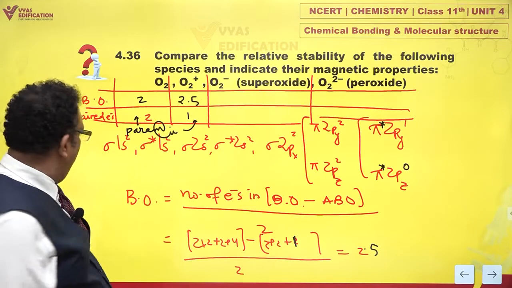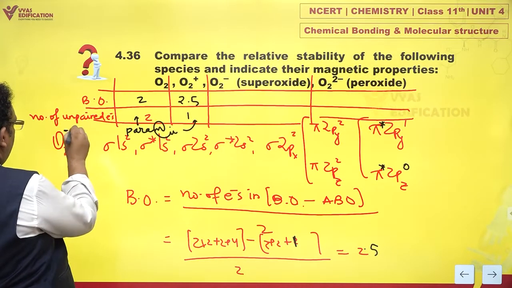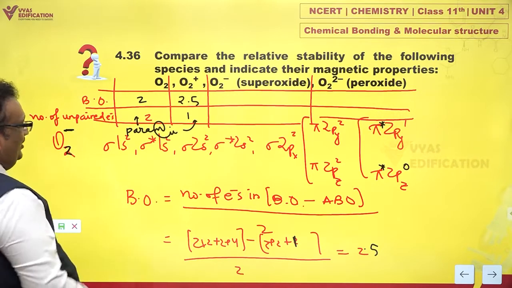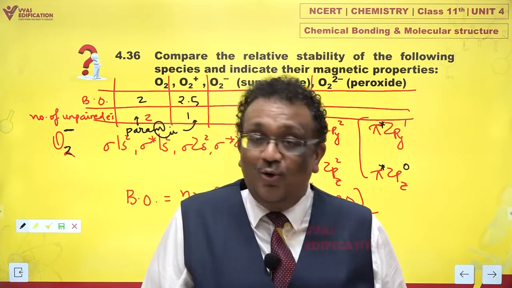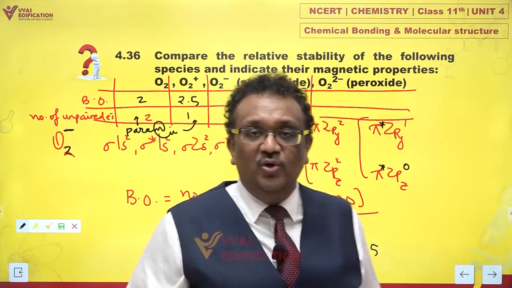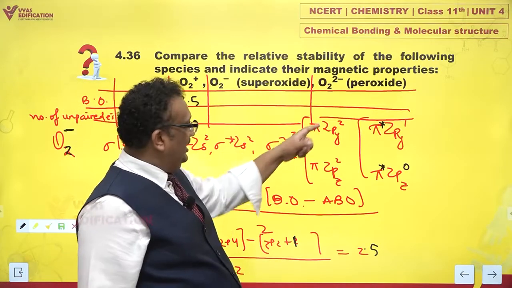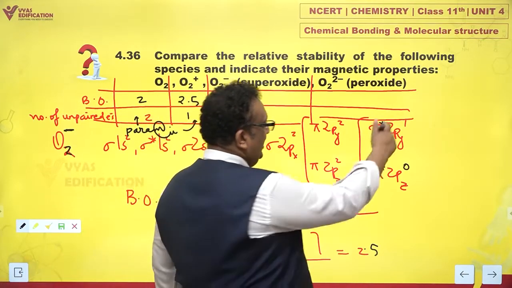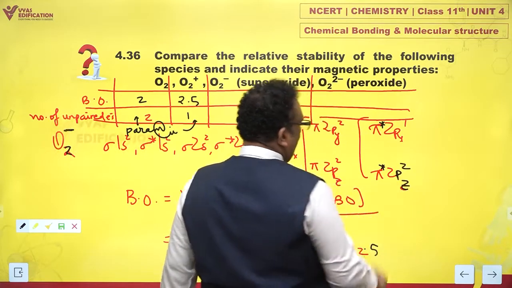Let's do that. If you want to make O2 minus, actually, my dear, you would find that O2 minus contains 17 electrons. O2 16, add one more, you get 17. 2, 2, 2, 2, 2, 10. 11, 12, 13, 14, 15. I need to add 2 more. I can add 2 more here.